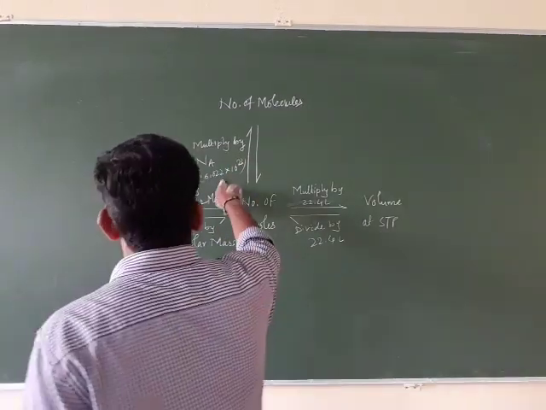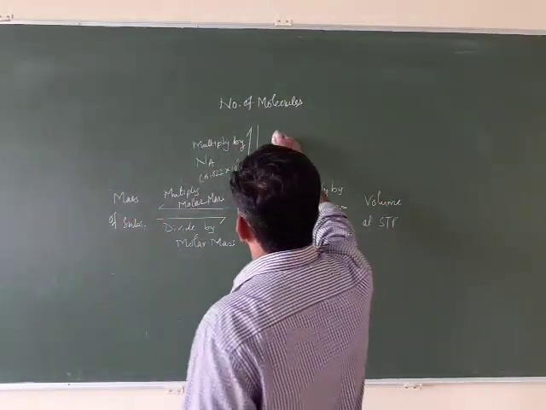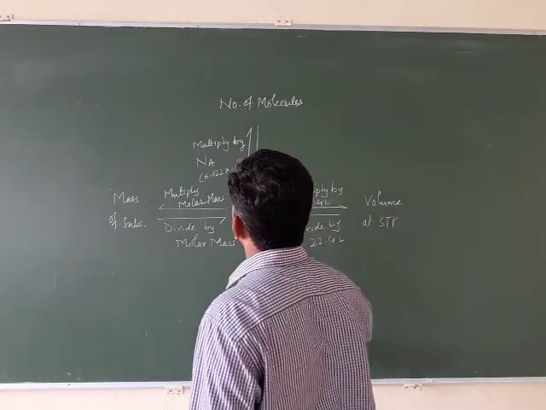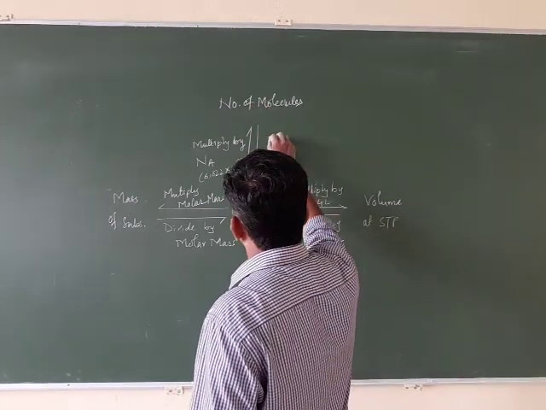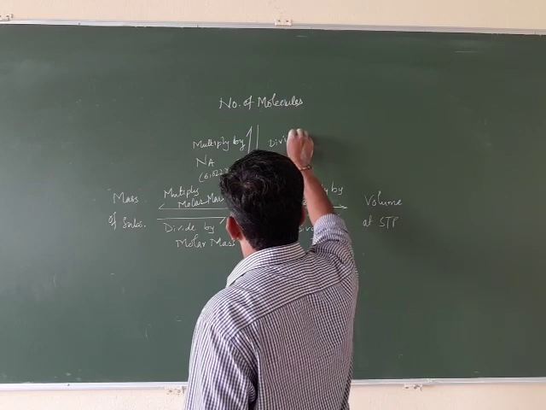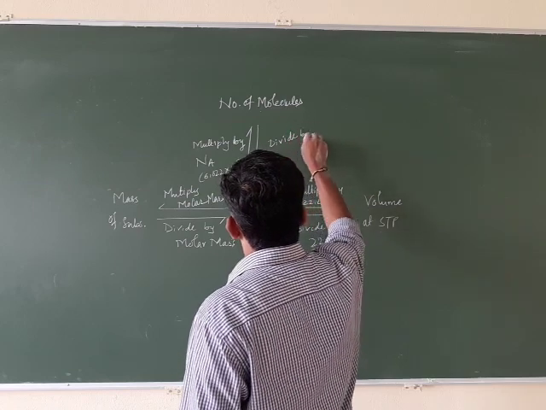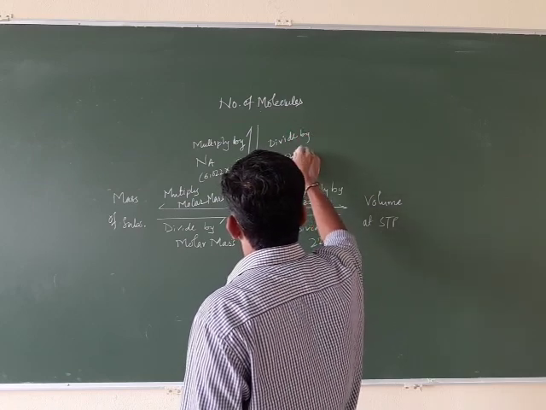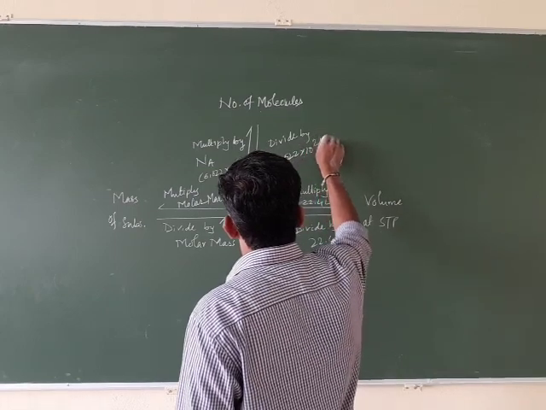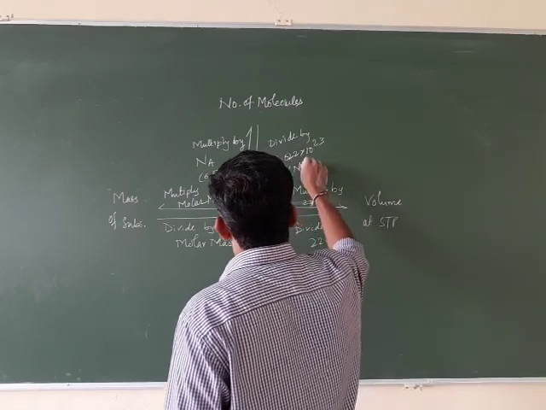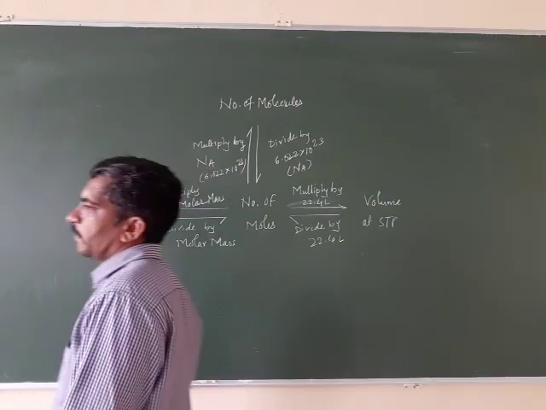So multiply with this number, you will get the number of molecules. Otherwise, if you have the number of molecules, then divide by 6.022 into 10 raised to 23, that is NA. You will get the number of moles.